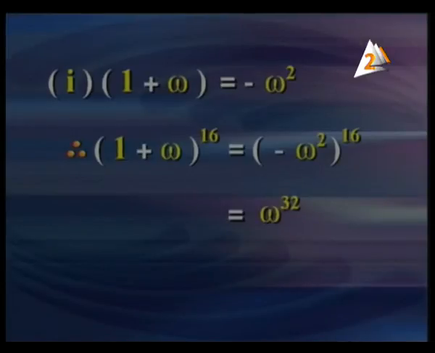We multiply 2 times 16 equals 32. Omega power 32 equals what? Omega power 32 equals omega power 30 times omega power 2. The answer is omega power 2.